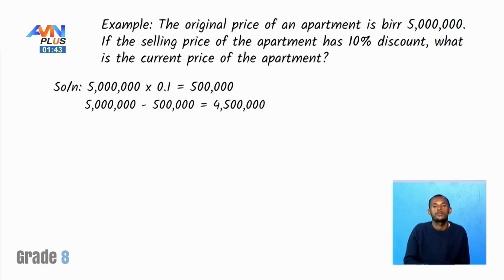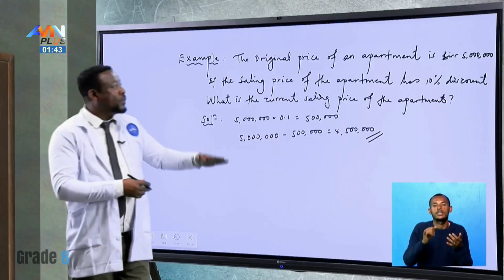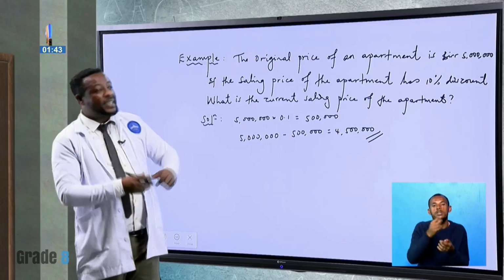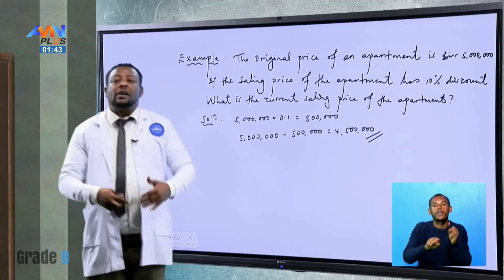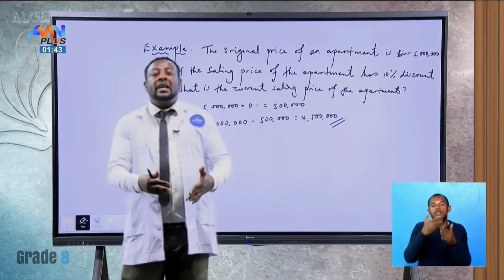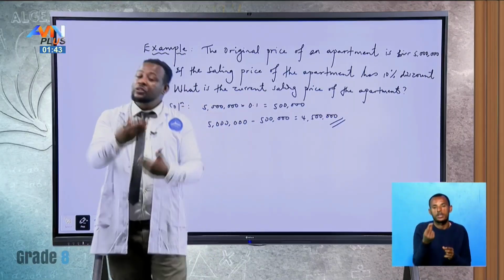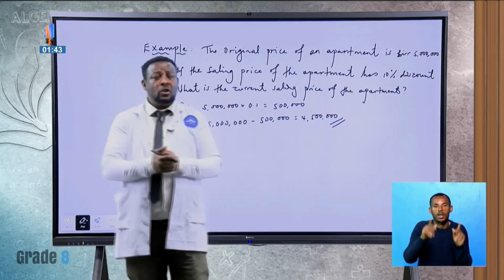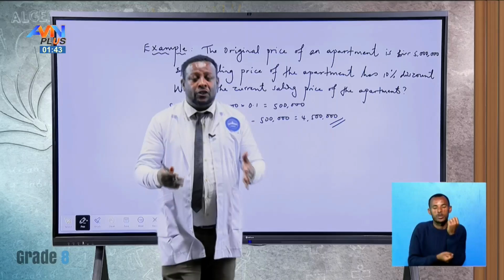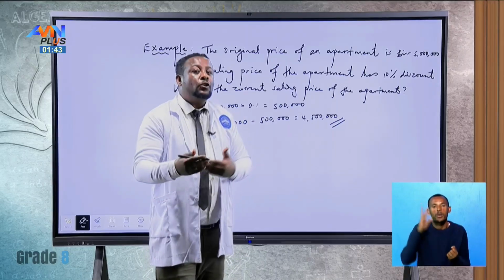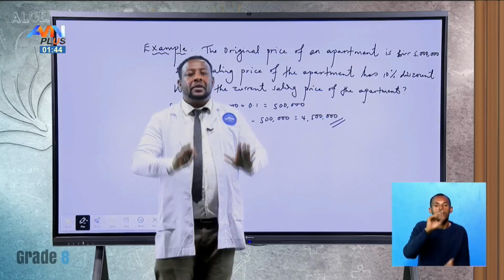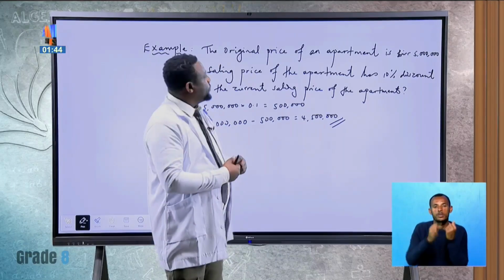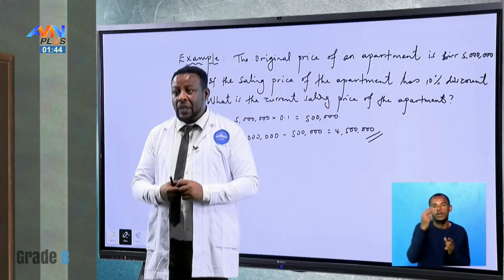This is the required answer for the second example. So these are some of the real-life applications of rational numbers. Based on what we have seen so far, I will give you homework regarding 1.5, real-life applications of rational numbers.